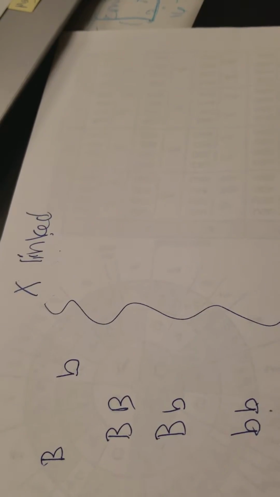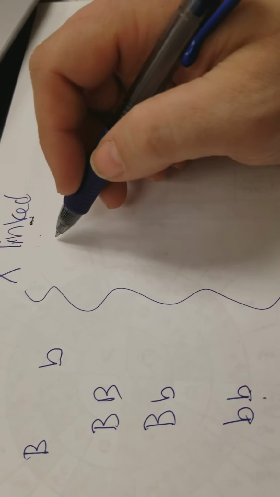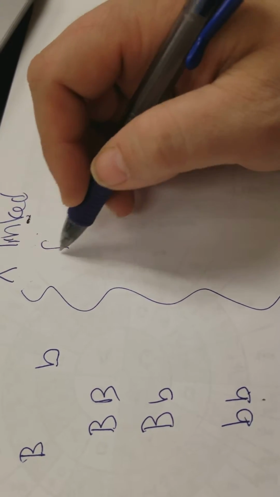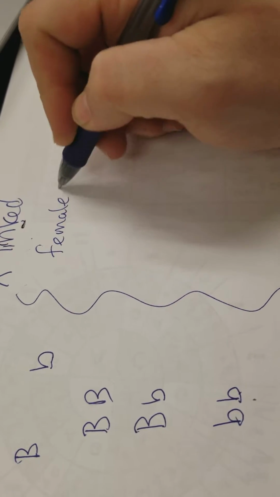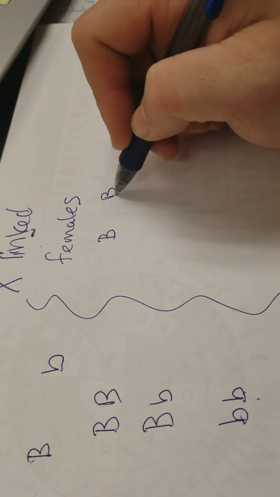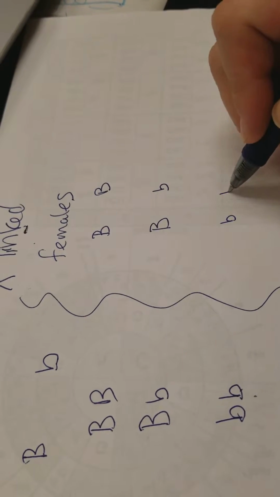So let's start off with females, because in some ways females are easier, because they have 2 X's. They have your standard trait inheritance pattern that we're familiar with. So they could get 2 big B's, they could get a big B and a little b, or they could get 2 little b's.